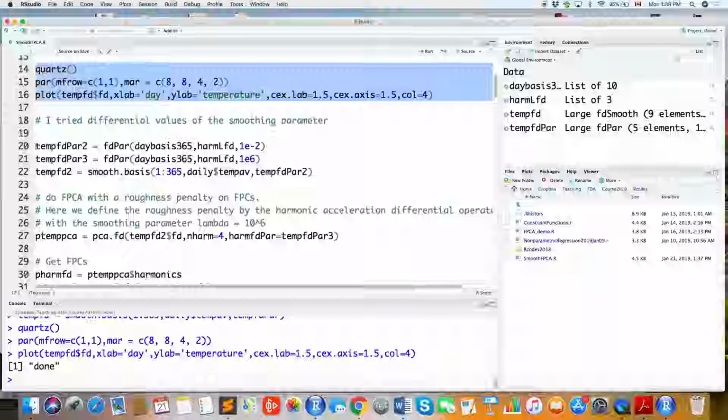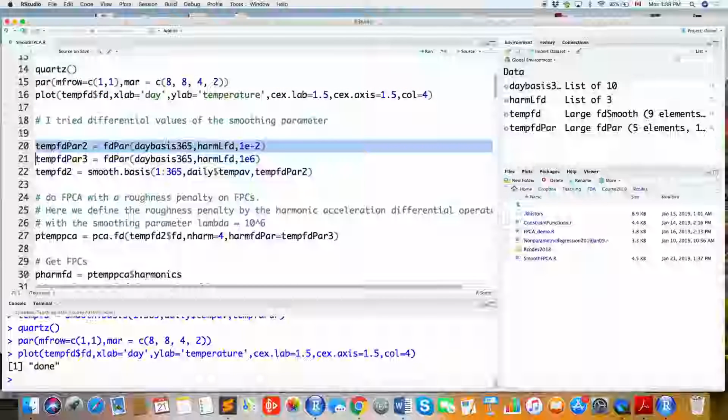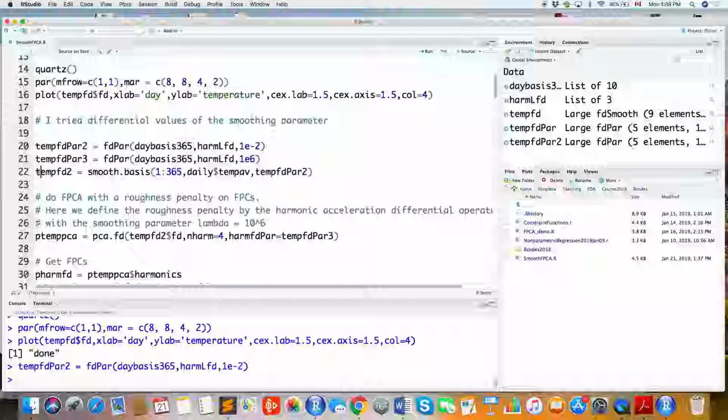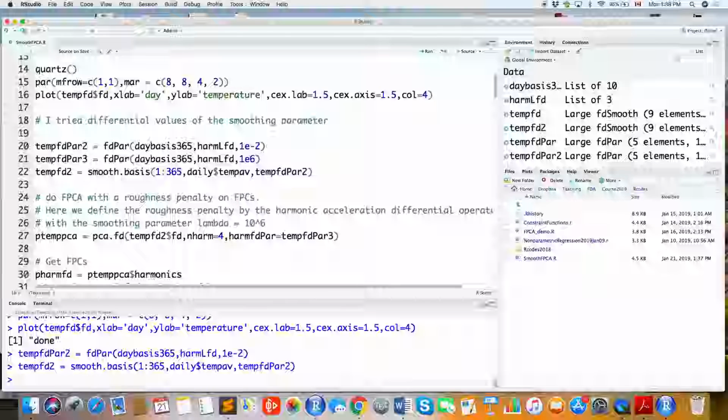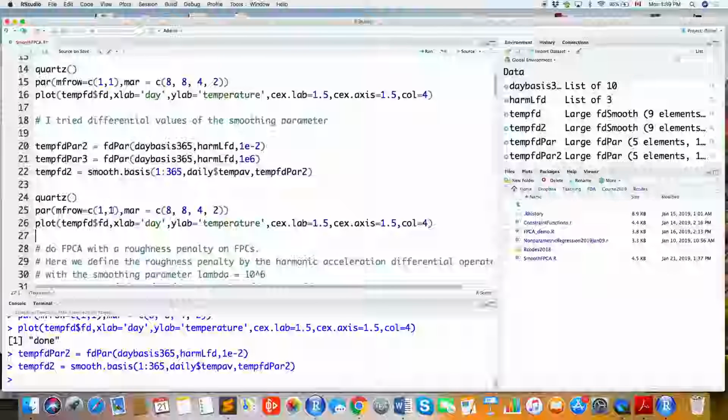For example, if we set the smoothing parameter to be 10 to minus 2, then we can do the smoothing and see how it looks.